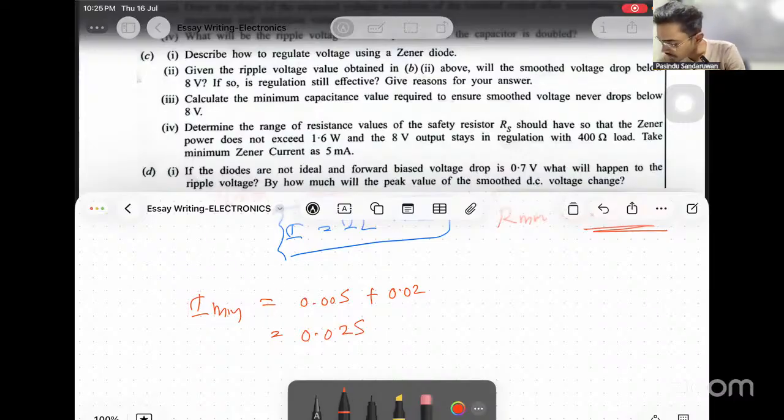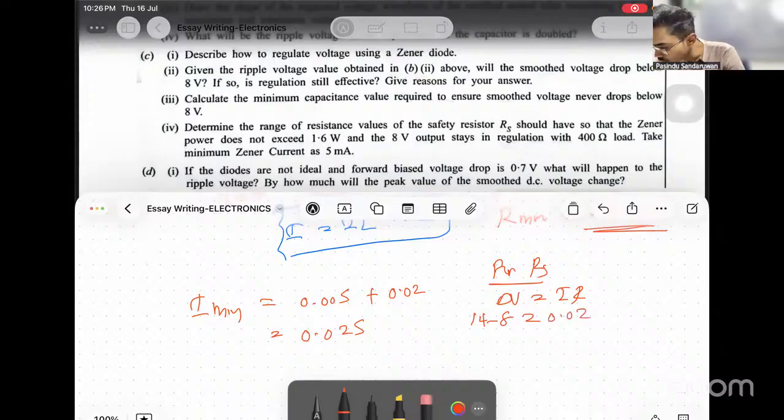Then again delta V equals IR for RS. Delta V remains the same because the points are the same. This is 14 minus 8, and I is now 0.025. For the minimum current, the maximum R comes.